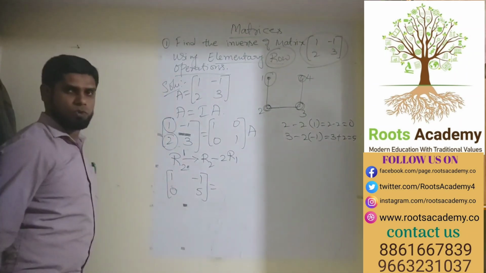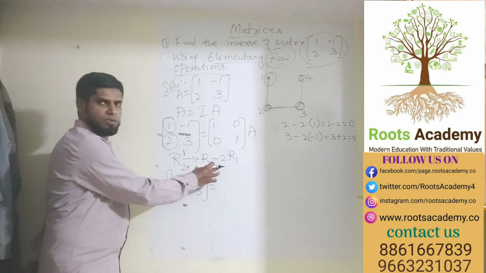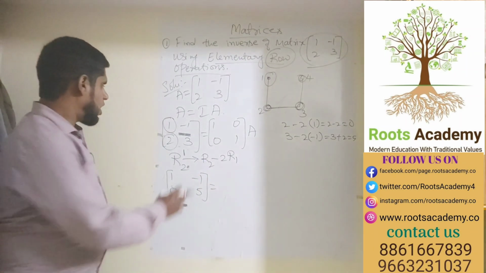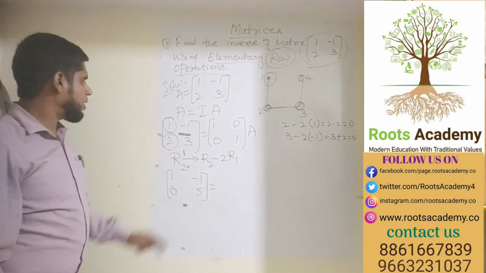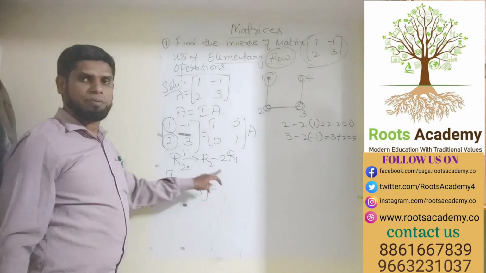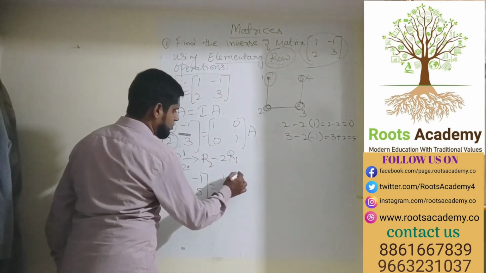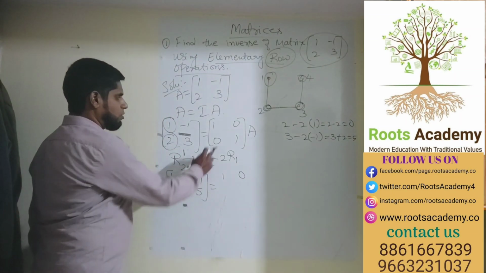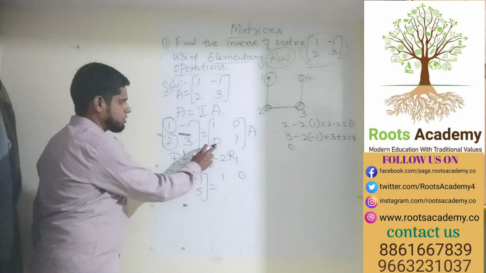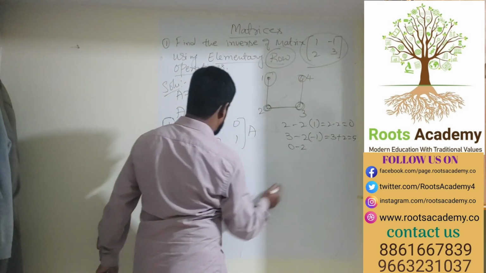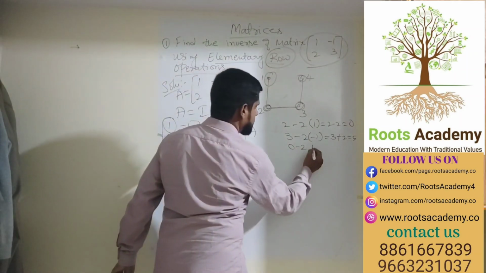Whatever transformation is written here, I should apply on both side matrices, the left hand as well as the right hand matrix. I should apply the same transformation. So again here the first row remains the same, 1 0. Now next, R2 is 0, 0 minus 2 times, corresponding to this 0, R1 is 1.